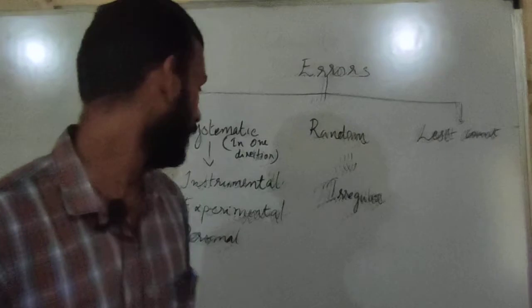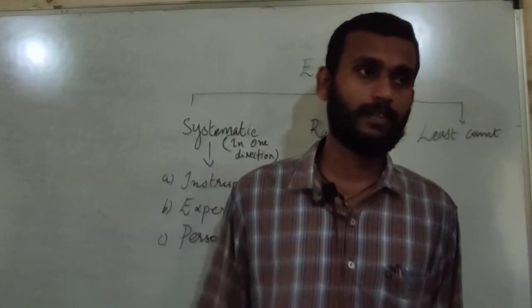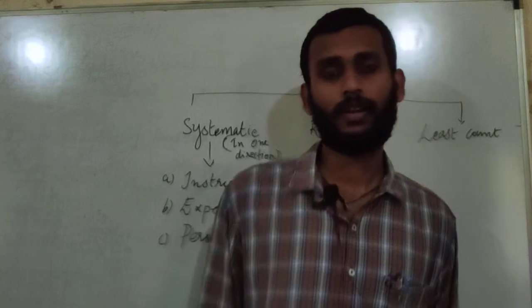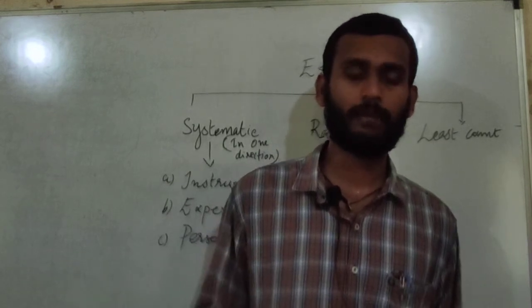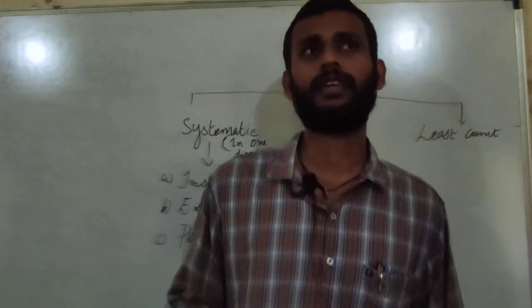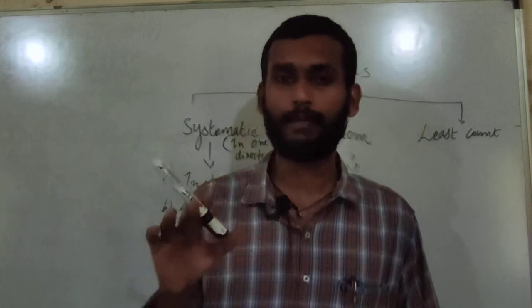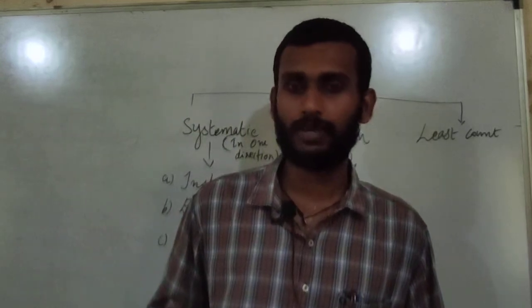Now, the next one is experimental setup errors. That is, the fluctuations in the atmospheric pressure and temperature, as well as imperfection in the experimental setup. In the laboratory, the temperature and the atmospheric pressure can affect some of the experiments.